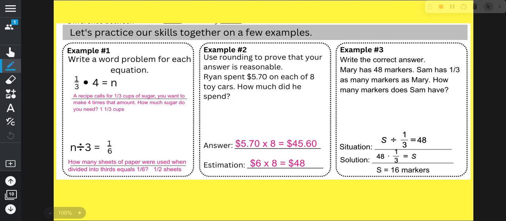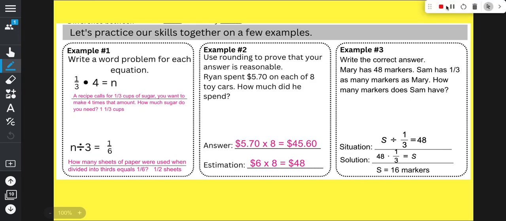Number 3, write the correct answer. Mary has 48 markers. Sam has 1/3 as many markers as Mary. So who has more? Mary has more markers than Sam. So this situation equation, this one is written wrong.